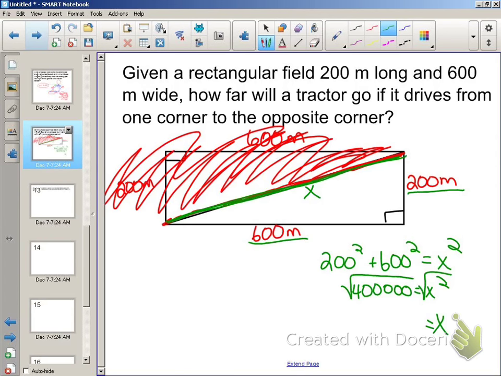So x equals the square root of 400,000, which gives me 632.5. So 632.5 meters. That is the distance the tractor would drive if it went from one corner to the other.